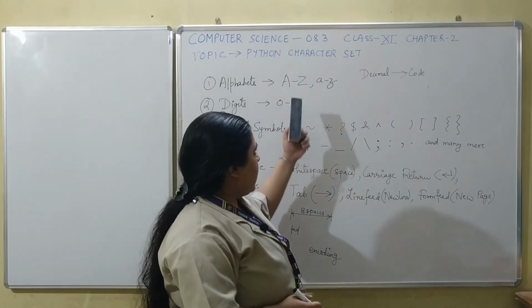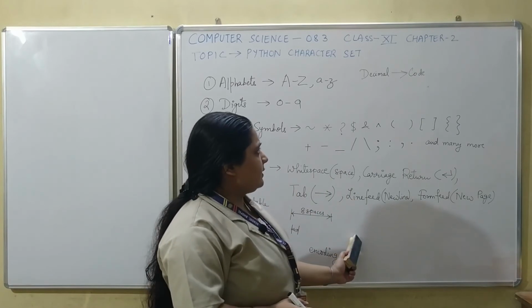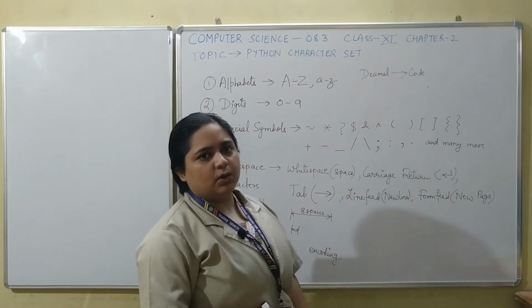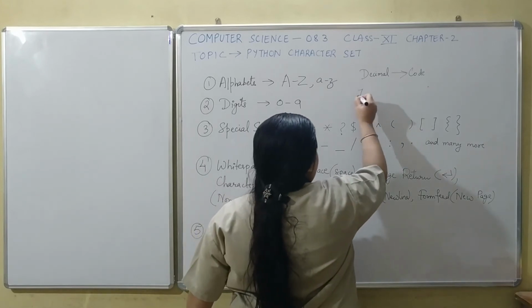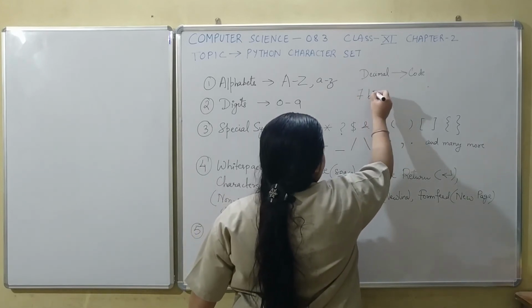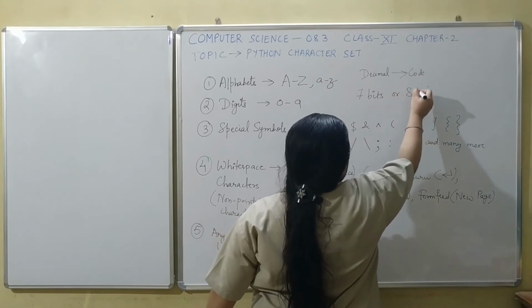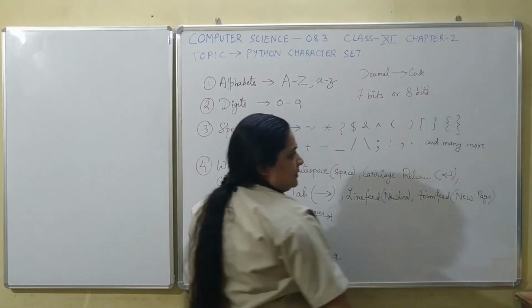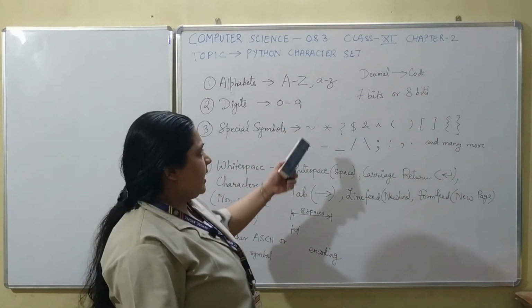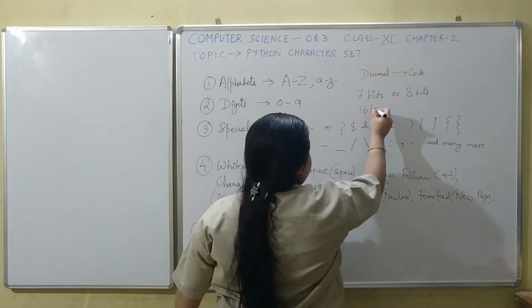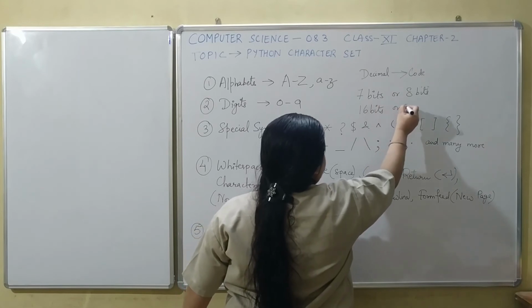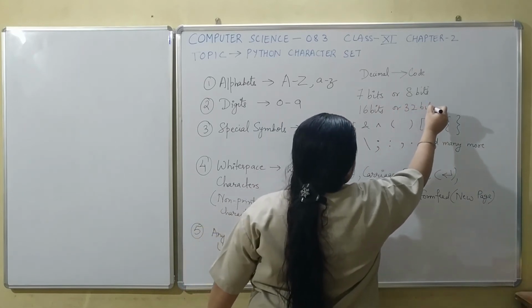Okay, and every character which you see on the screen has a specific code, a code consisting of sometimes 7 bits and sometimes 8 bits, and sometimes it could even consist of 16 bits or even 32 bits.